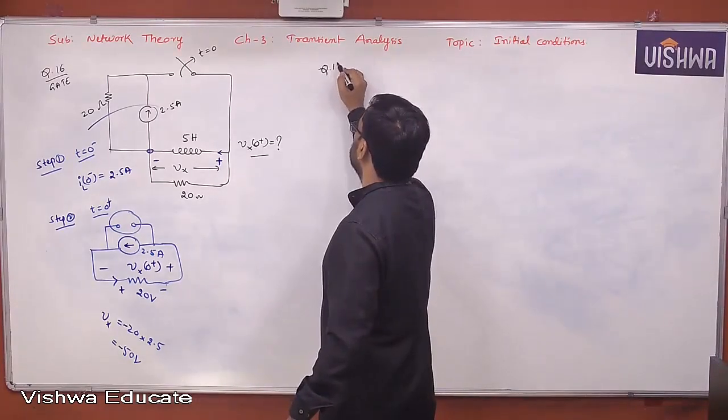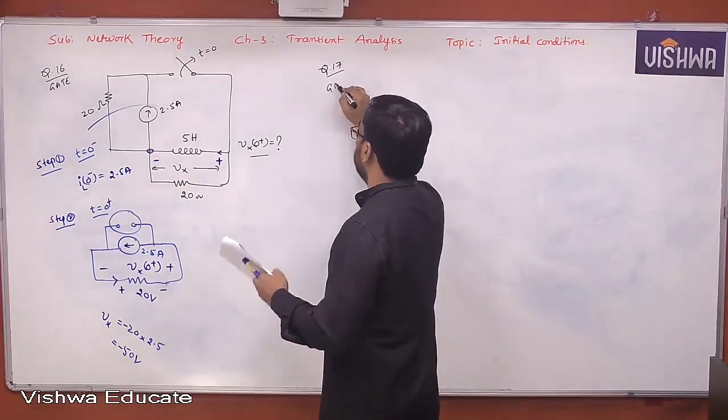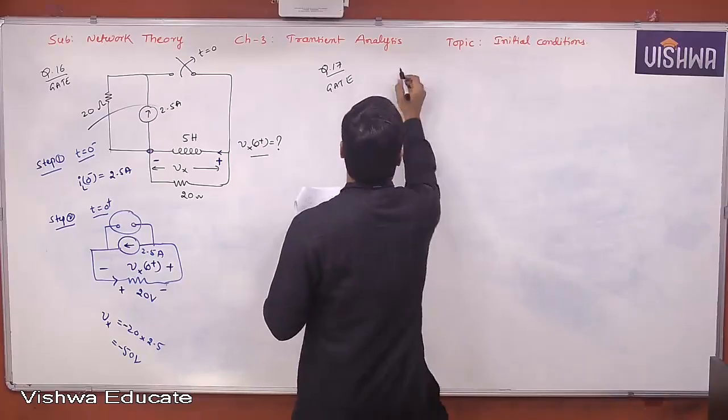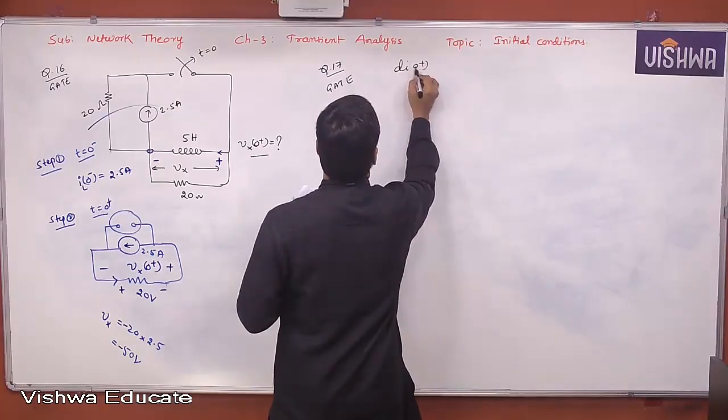Question number 17. It was also asked in GATE. Find di of 0 plus by dt.